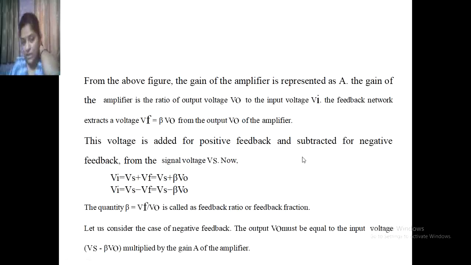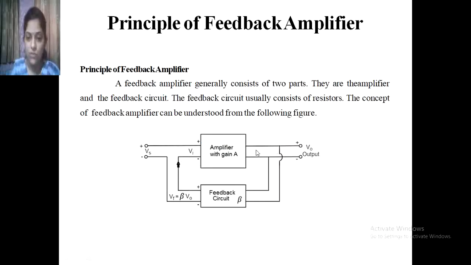The gain of the amplifier is the ratio of output voltage V0 to input voltage Vi; we already know that gain is output divided by input. The feedback network extracts a voltage Vf, that is beta into V0, from the output V0 of the amplifier. This circuitry extracts part of the voltage, and Vf is equal to beta into V0.